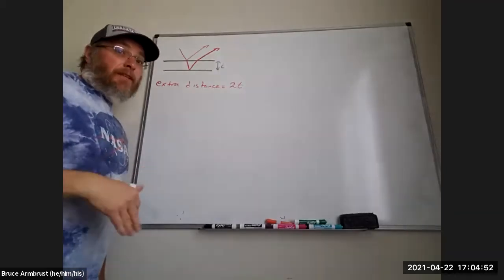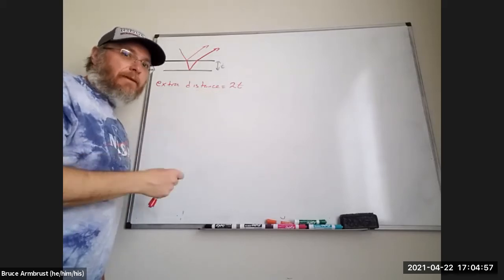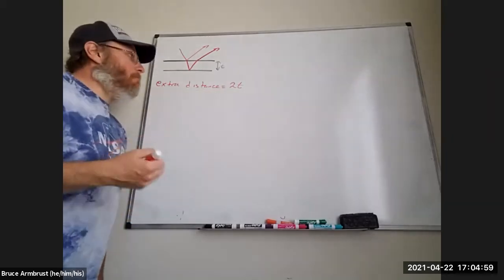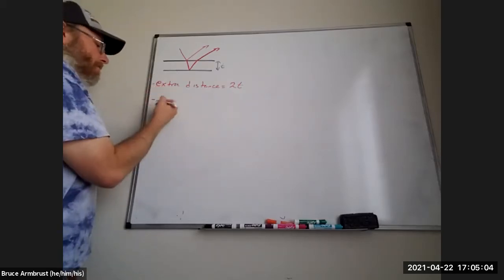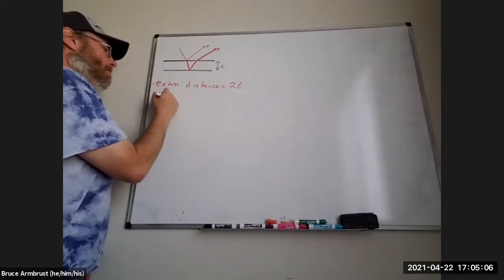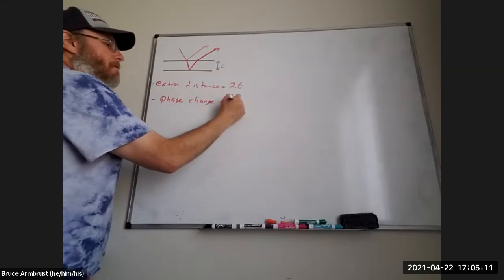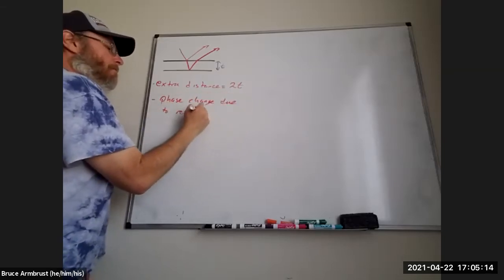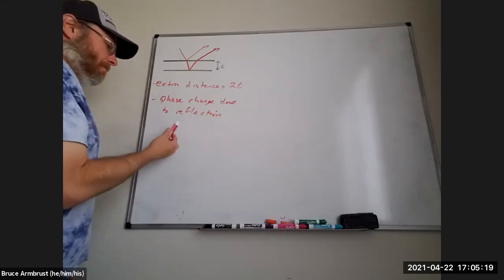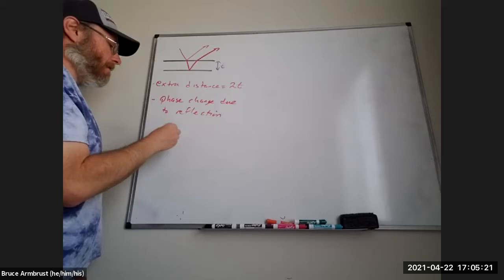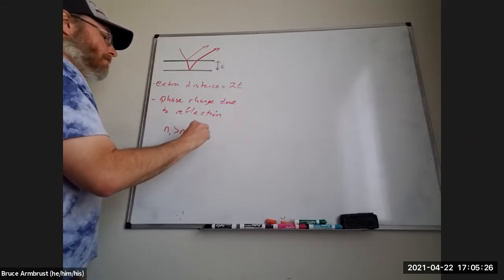That's sort of like the double slit experiment, right? Where the one ray had to go an extra little bit. This is that extra little bit. But the other thing we have to worry about is the potential phase changes due to reflection, and this is all about the n values. If n1 is greater than n2, there's no change.